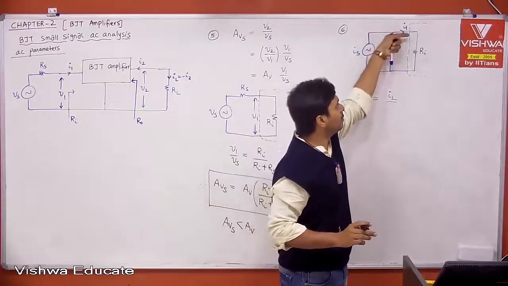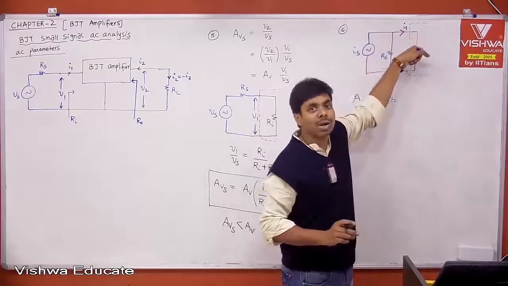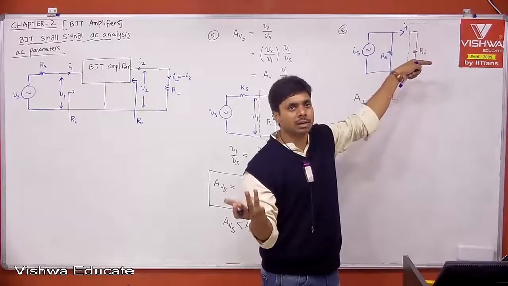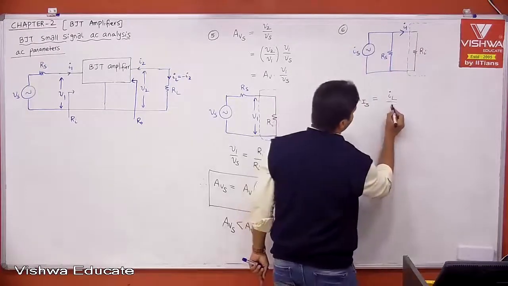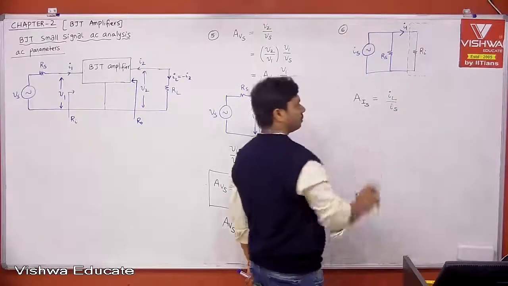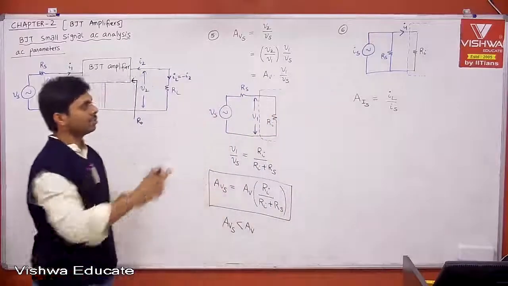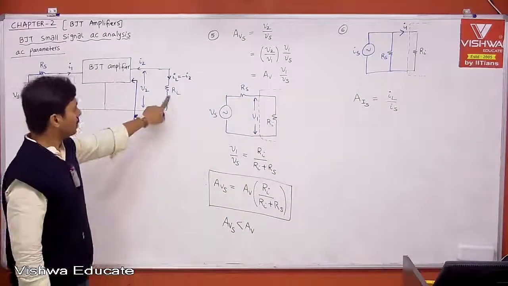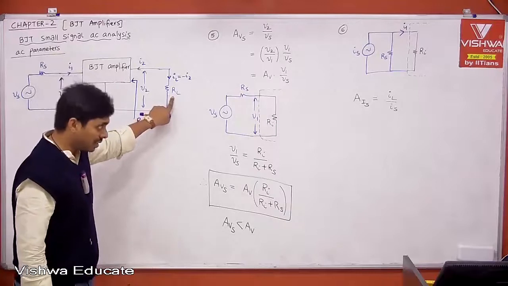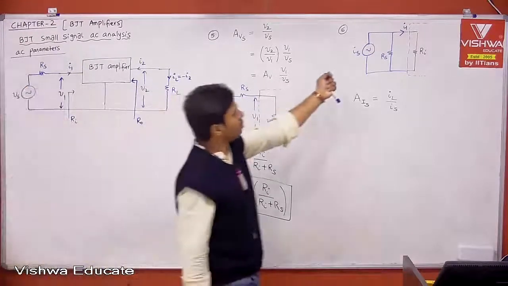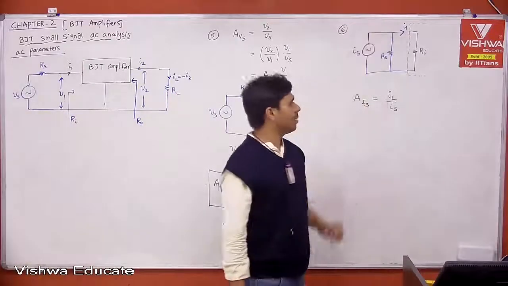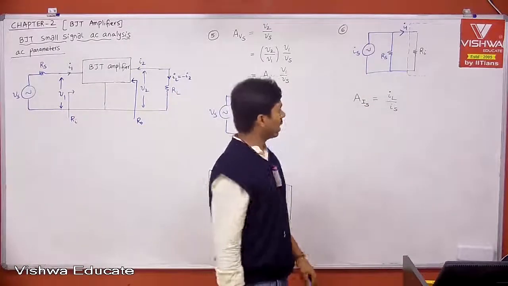That I1 is nothing but the current entering your amplifier, that is the core amplifier current gain, which we already calculated. Now we want to calculate the source current gain, therefore IL divided by IS. The current entering the load is IL, the current pumped from your practical current source is IS, then IL divided by IS is nothing but your current gain.